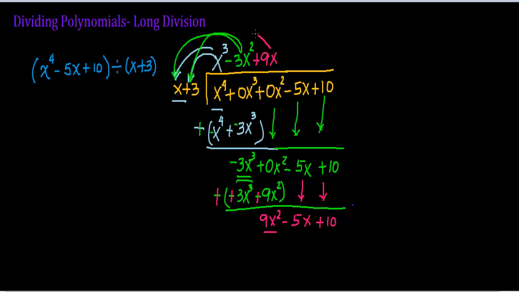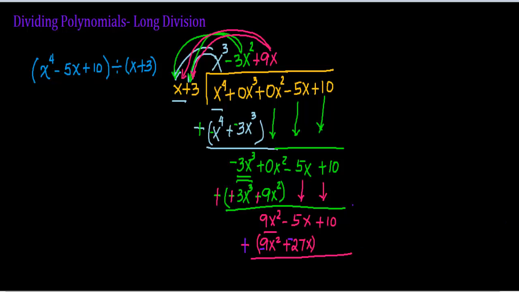So 9x times that first term, x, will give you 9x squared, and 9x times 3 will give you positive 27x. And now we subtract. Remember that this will become a plus, this will be negative, and this will be negative.